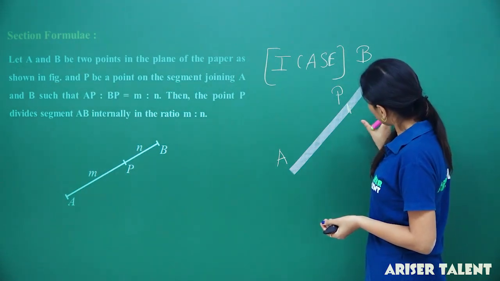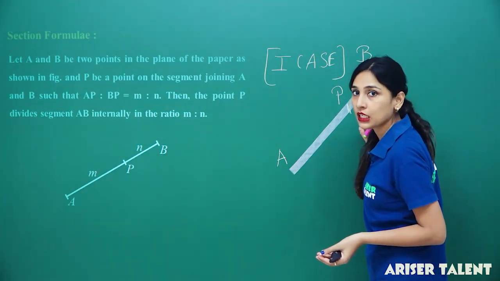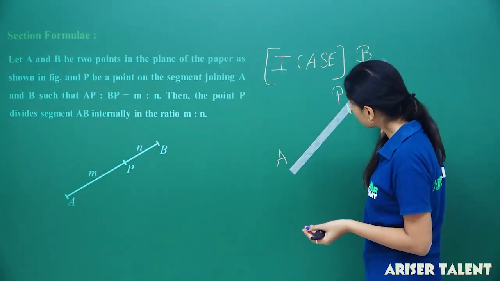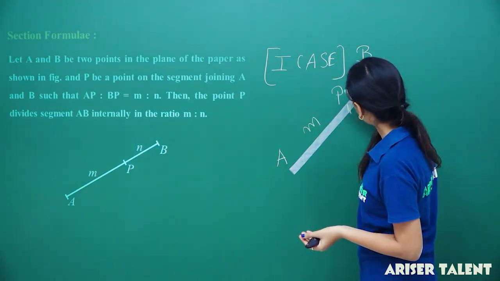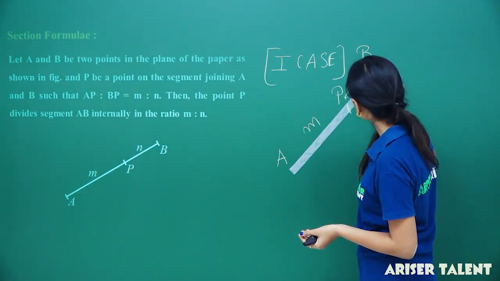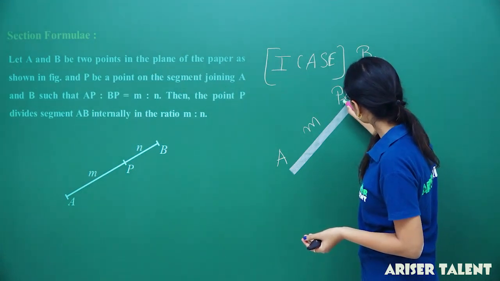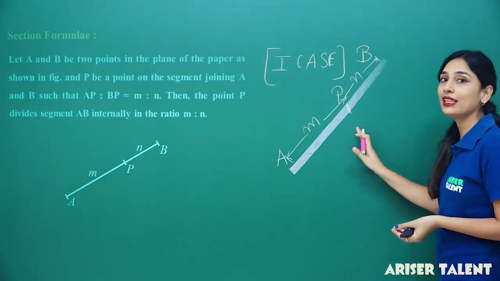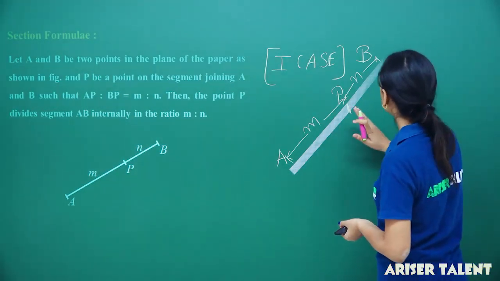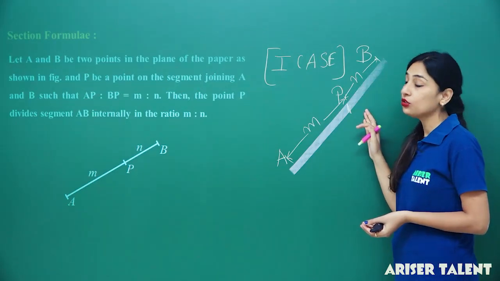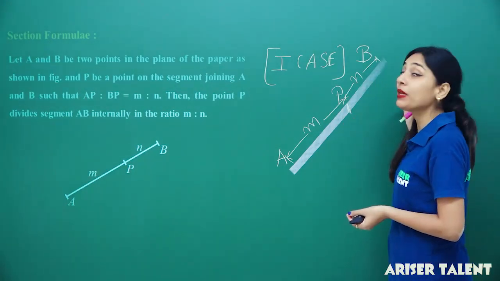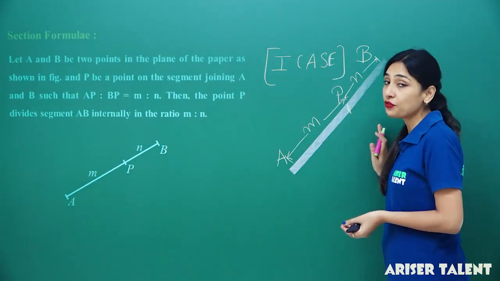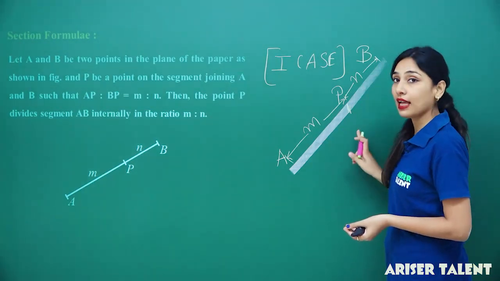Now, if I divided something in two parts, there must be a ratio. So, let's suppose this is M and this is N. From A to P, the length is M, and from P to B, it is N. So, this AP by PB will be equal to M by N. This is what the point is on the line.